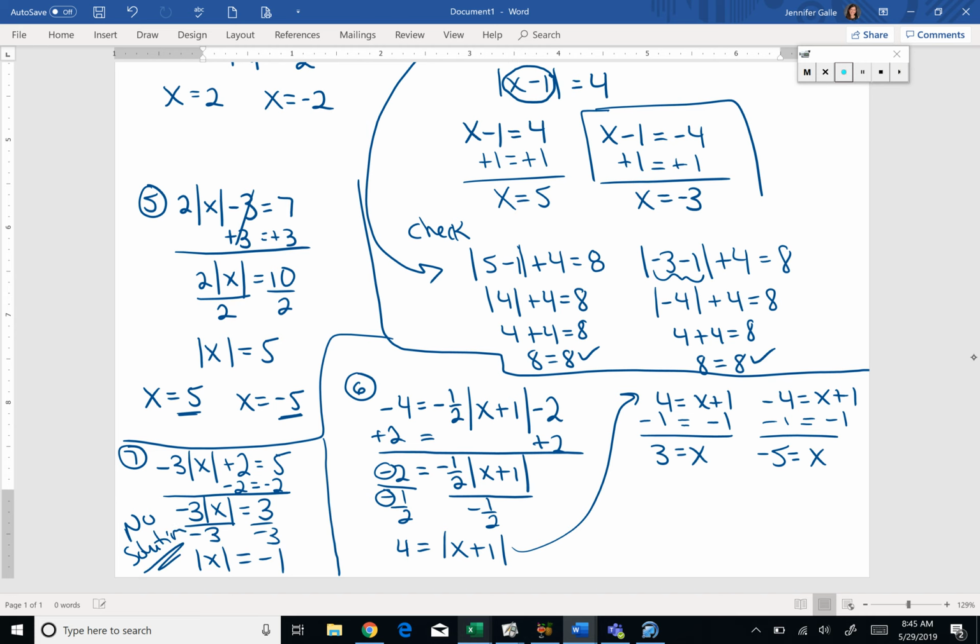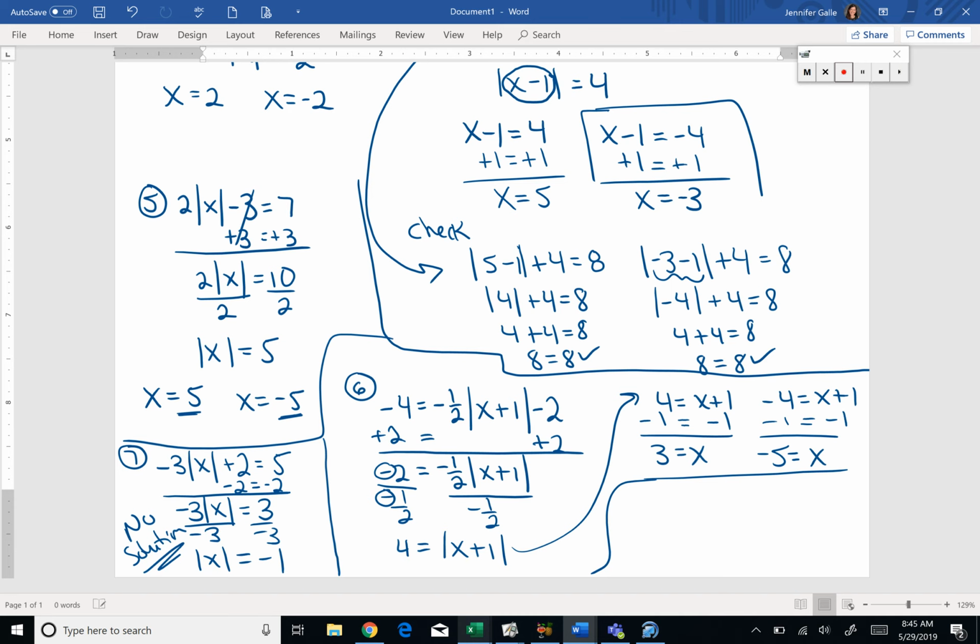Now this is when it's super important, because I saw some of you that had positive 1 and negative 1 written down as solutions. This is where you definitely need to check. I'm a little out of space. I'm going to go over here.